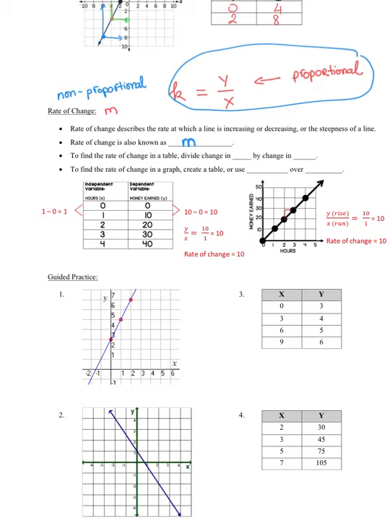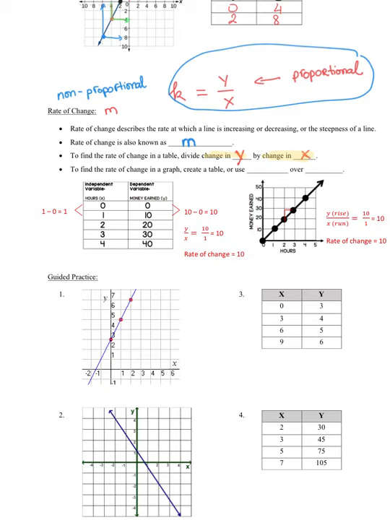Similar to k is y over x. But this time we're gonna find the change in y, divided by the change in x. Okay, I want you to highlight the terms change in y and change in x. Change in y is we're gonna find the difference of the y, and change in x means we're gonna find the difference in the x.